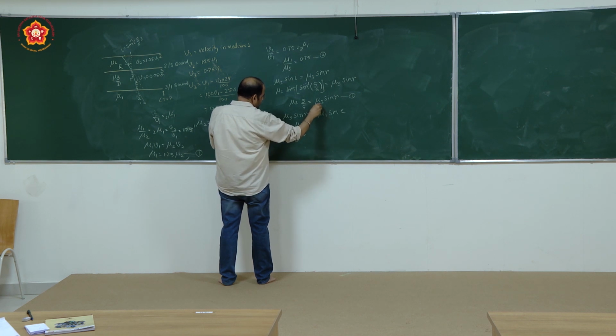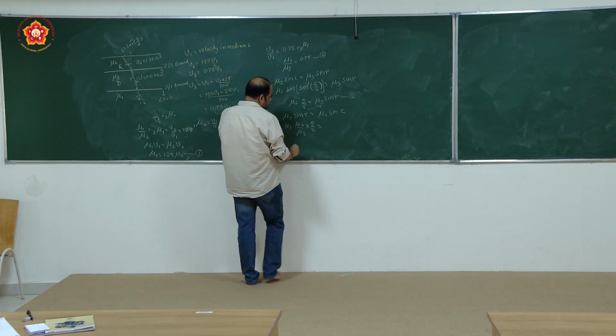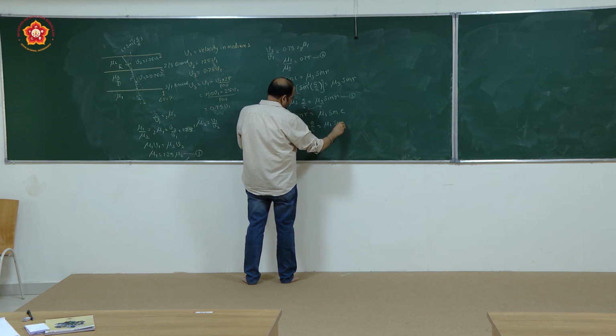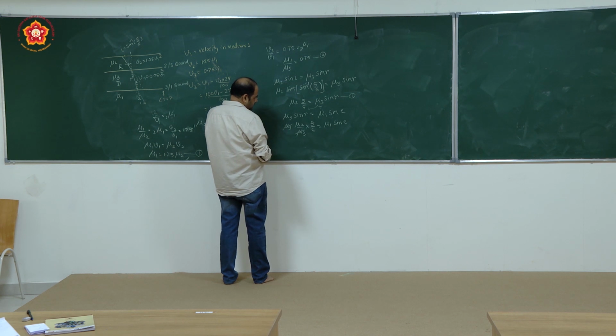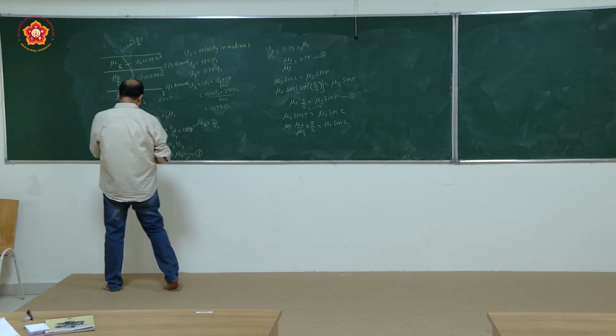This μ3, I am bringing it down, multiplied by 5/6 is equal to μ1 into sine of E. So you will find that μ3 is getting cancelled. You will be having the relation between μ2 and μ1, which you have already written here.